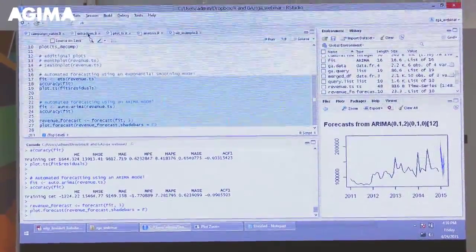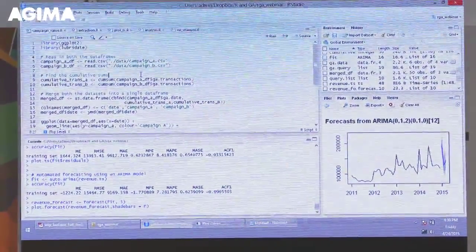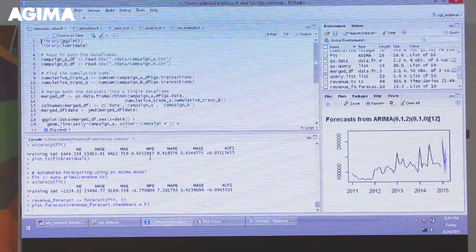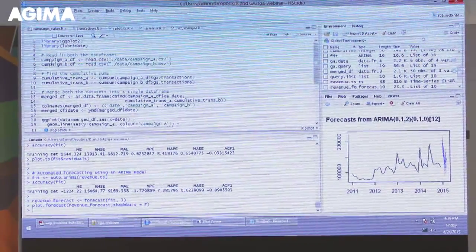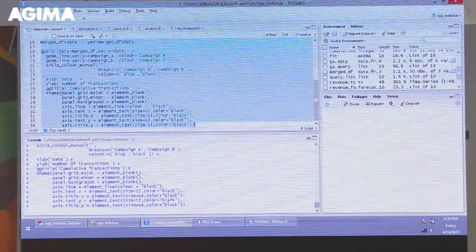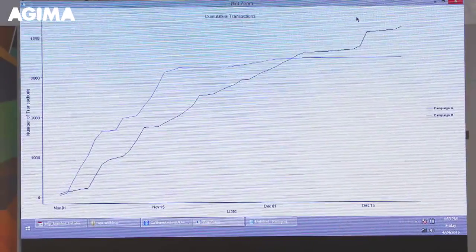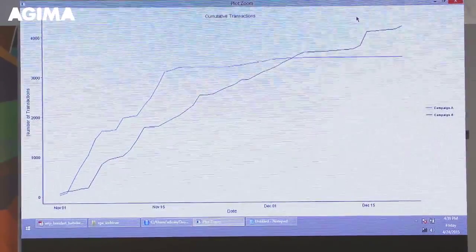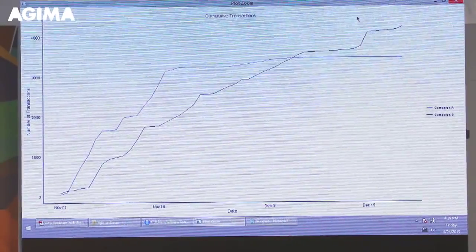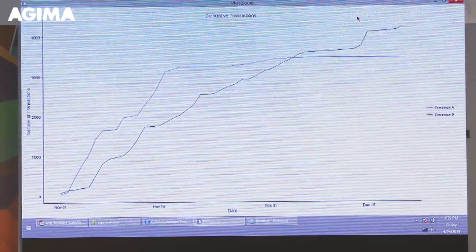Another example that is very valuable is the campaign value. What happens here is that the vertical axis is the number of transactions from the users who were acquired during a specific campaign.